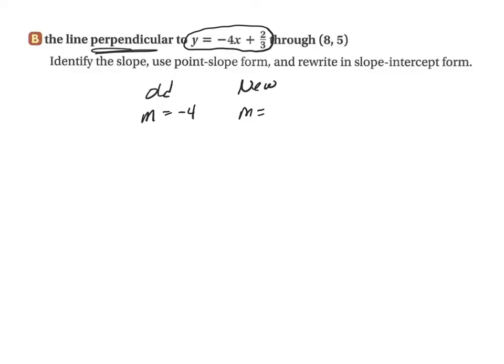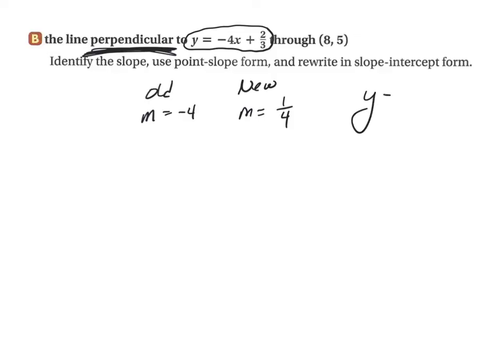And then we look at the word that they're using. It's perpendicular. Well, perpendicular is different than parallel, and since parallel was the same slope, perpendicular has to be different. And remember, it's a negative reciprocal. You have to do two things. You have to change the sign, so it becomes +4, and then flip the fraction. That's 4/1, so when I flip it, it becomes +1/4.